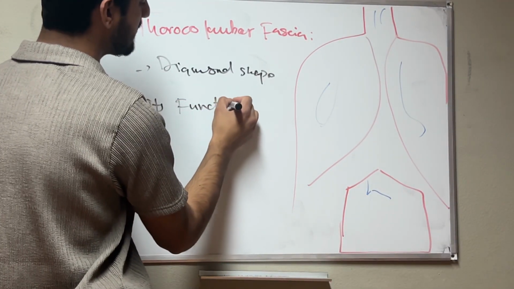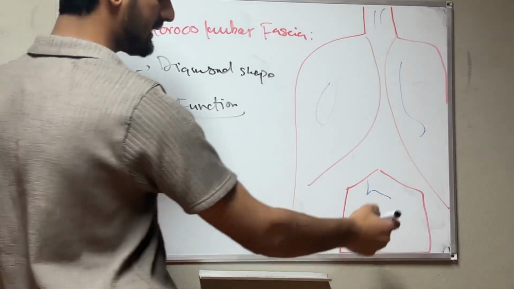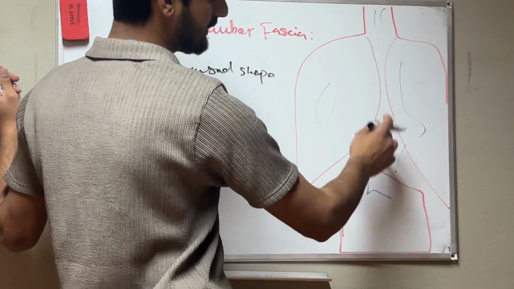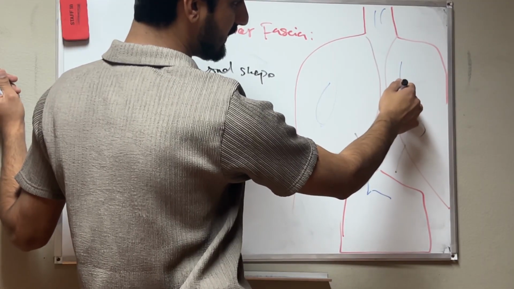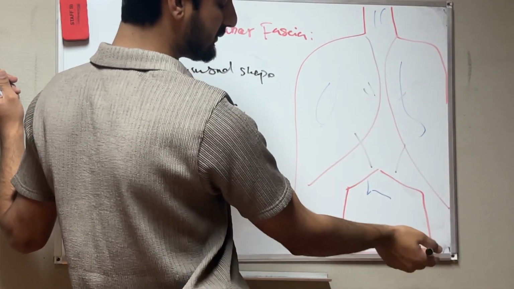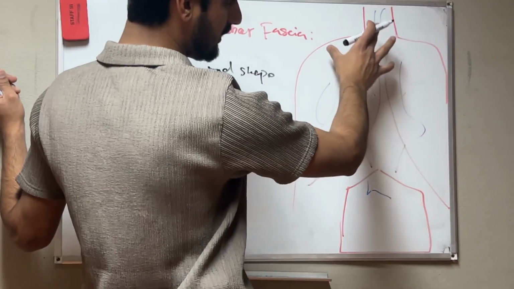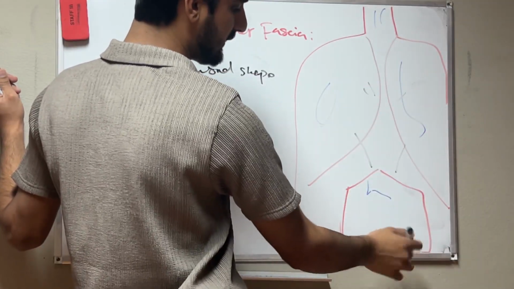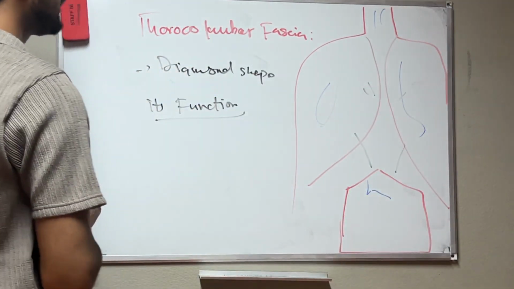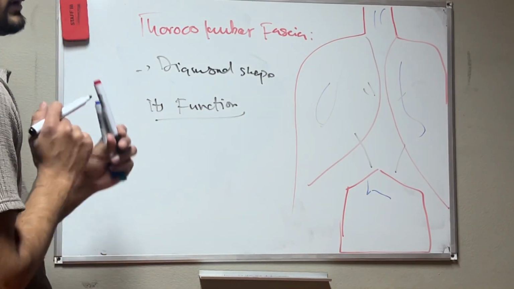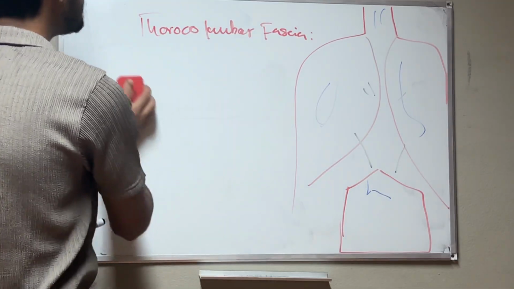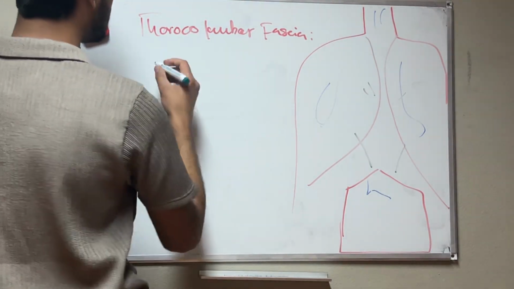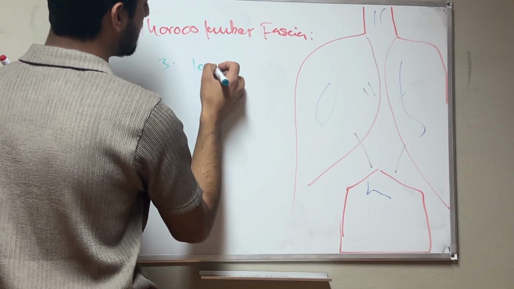Its function is the attachment of the big muscles of the back. Big muscles means latissimus dorsi muscle and trapezius muscle, and from below the gluteus muscle. These muscles are attached by the thoracolumbar fascia. In the thoracolumbar fascia we have three layers.